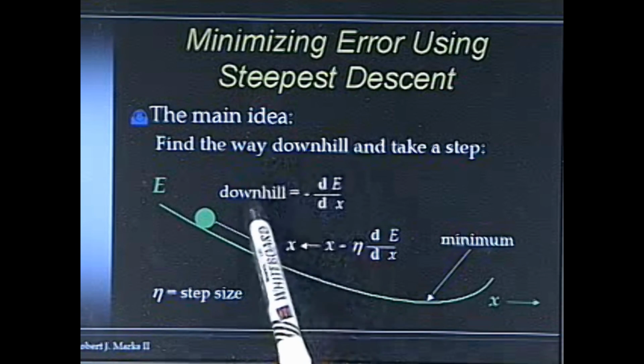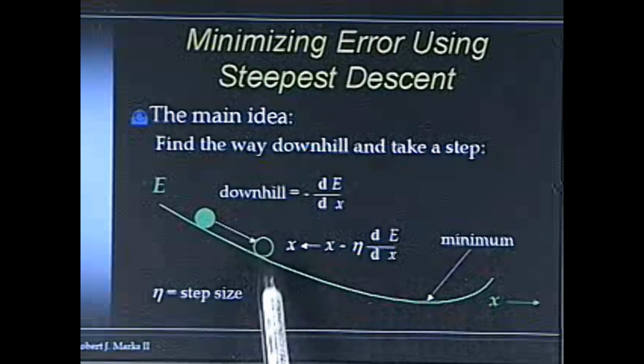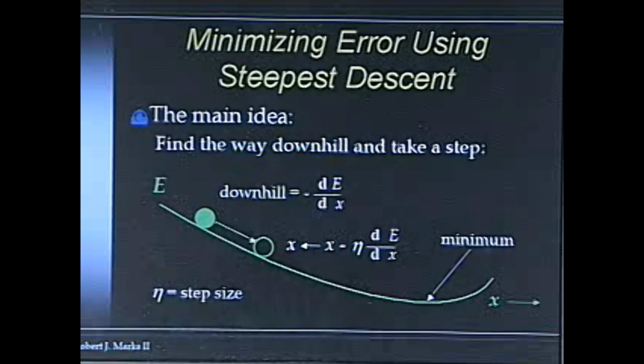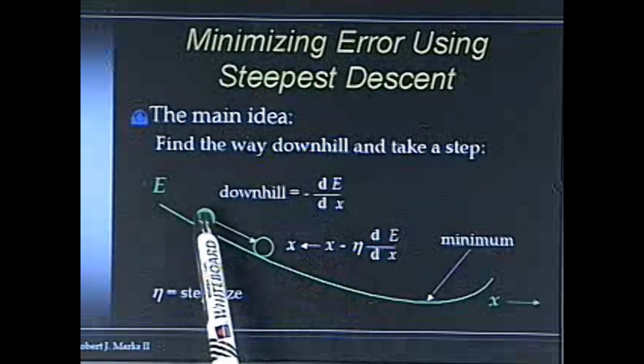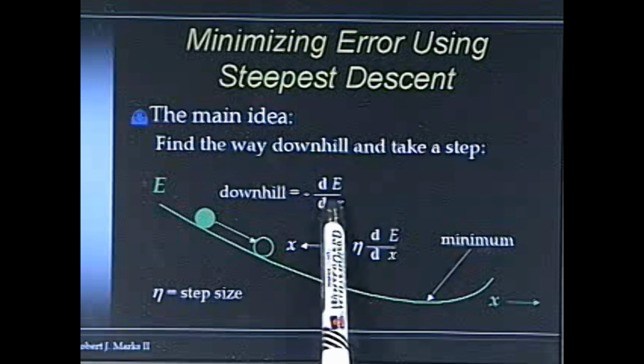So the question is, if you are going downhill, so you have a one-dimensional gradient, or one-dimensional landscape, if you will, and you want to go downhill, how do you go downhill? Well, it turns out downhill is minus the derivative of where you're at. So if you take the derivative of where you're at and negate it, that is going downhill.